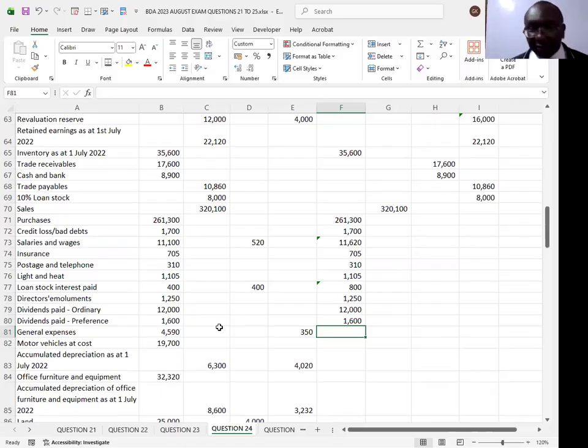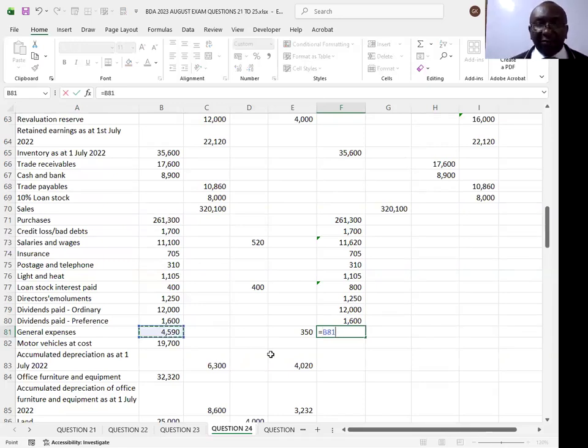General expenses, we began with 4590. Then we subtract this 350. Press enter and tell me what you're going to get. 4590, you minus the prepayment.